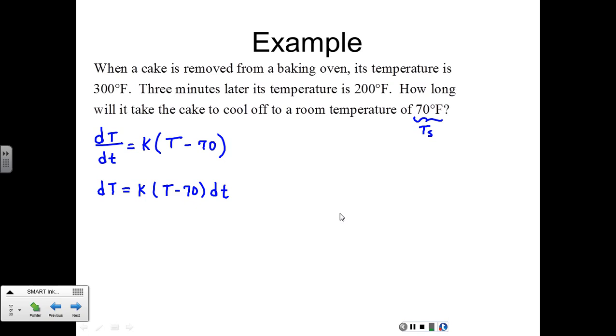To separate, what do I need to do, guys? So 1 over T minus 70 is equal to k dt.